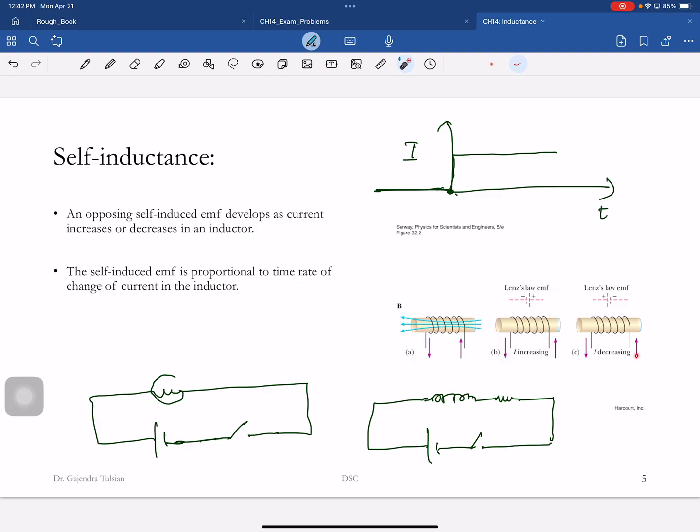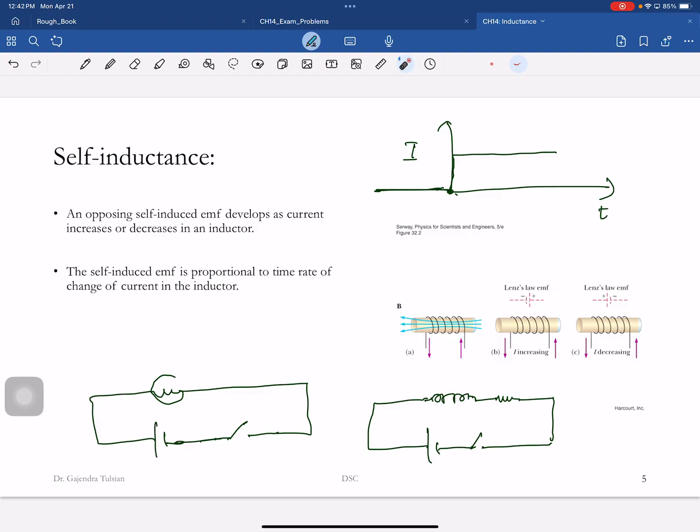If you try to decrease the current through that coil, it will induce an EMF in the opposite direction, fighting that decrease in current. So a wire wound up as a coil acquires this ability to fight changes in currents. Okay. So an opposing self-induced EMF develops as current increases or decreases in an inductor.